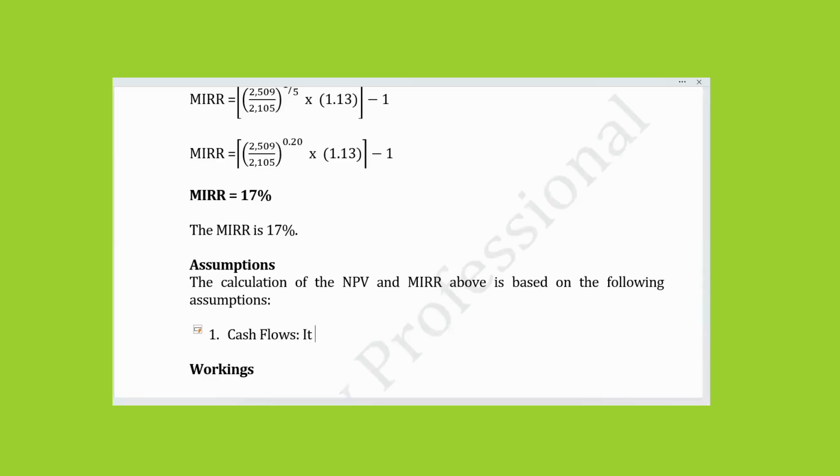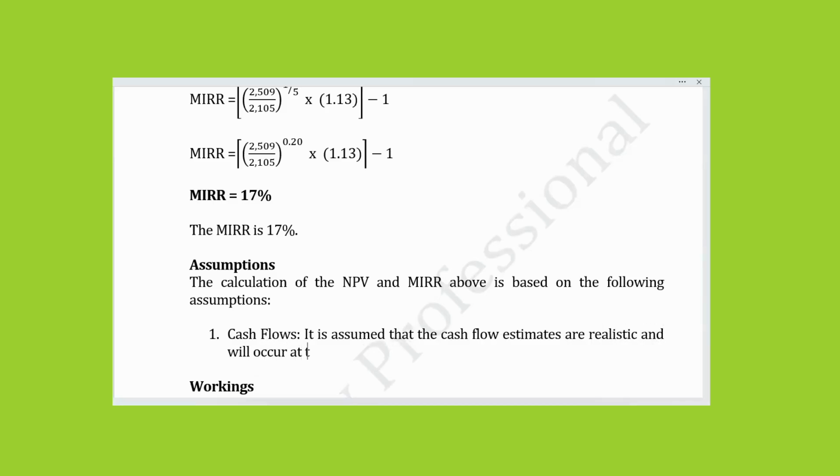This is what you are going to say: it is assumed that the cash flow estimates are realistic and will occur at the end of each year. So that's our assumption for cash flow.